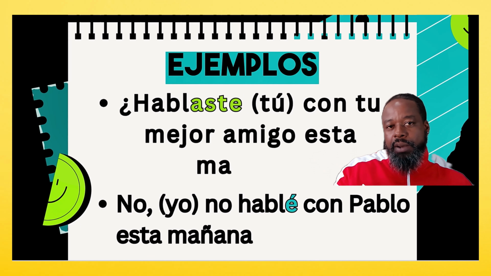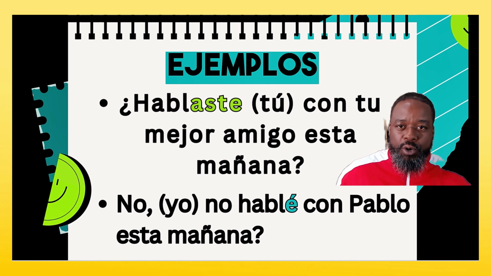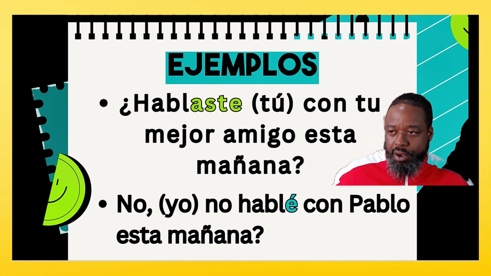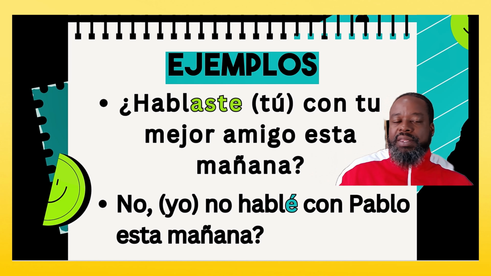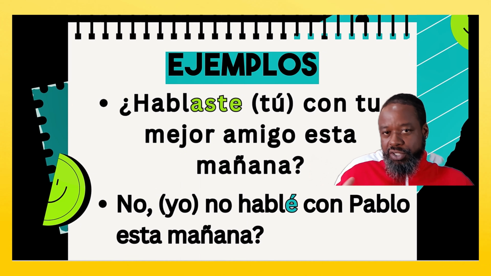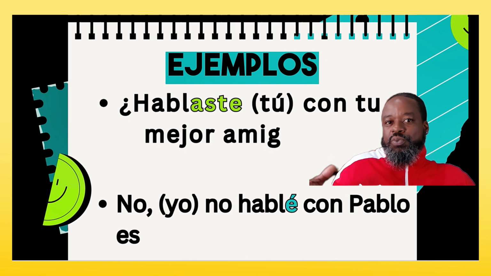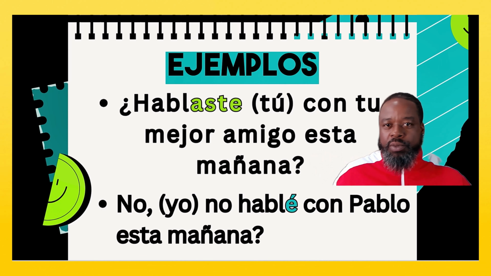Y también tenemos la palabra tú adentro de la pregunta. And we also have the word tú, kind of to tip you off right now. Notice that the tú form of hablar is hablaste en el pretérito simple. Y también tenemos la forma de yo. And we have the word yo in parentheses just to help you right now because we got training wheels on, right? And soon we'll be able to take those training wheels off and ride on our own.